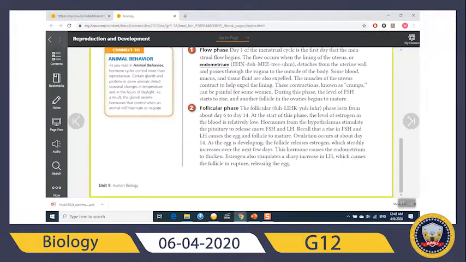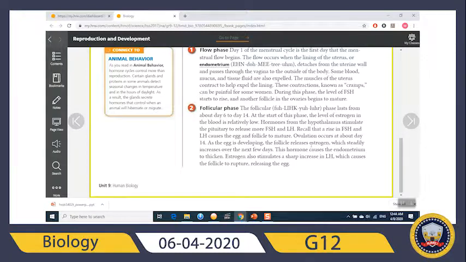Now, the follicular phase, after the FSH hormone starts to rise. The follicular phase lasts about 6 to 14 days, almost half a month.